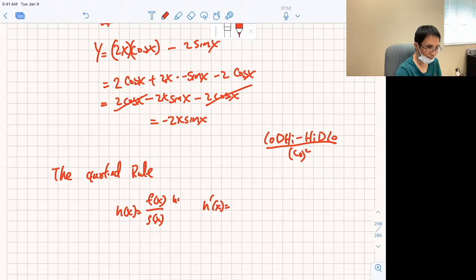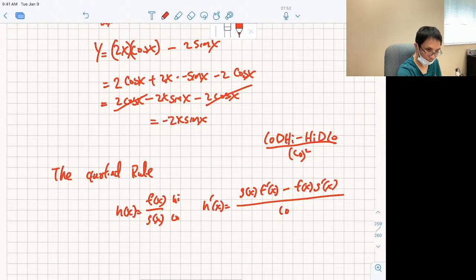We're going to announce this function is the high function and this is the low function. So we're going to say low d high minus high d low, and don't forget about low low. It's not low low here, it's going to be g of x squared.